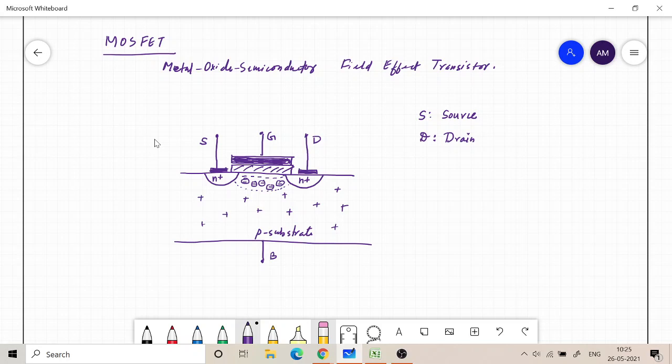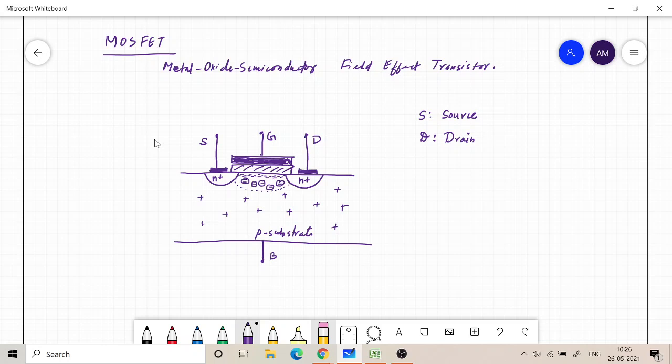Circles denote immobile charges. Symbol negative sign shows electrons. Symbol positive sign shows holes. Okay. So this is the picture when you apply VGS greater than VTH.